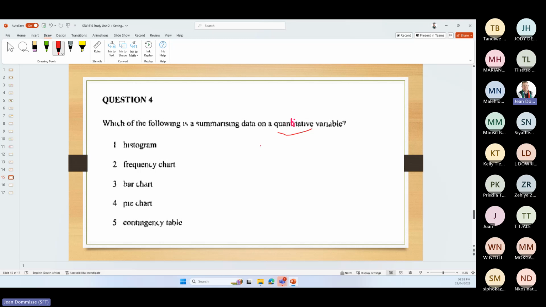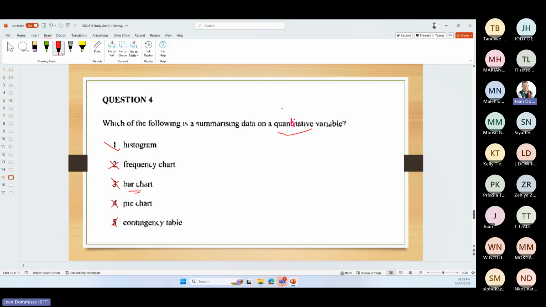One that definitely does that is a histogram. Frequency chart not, bar chart not, because those are looking at categories. So the only one that is applicable when we're looking at quantitative is option 1.